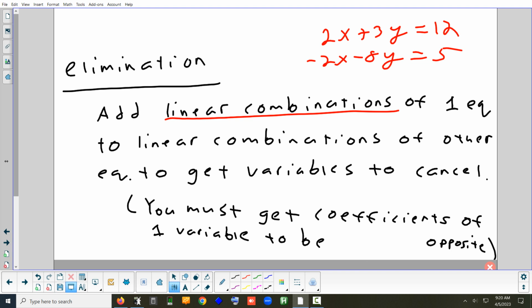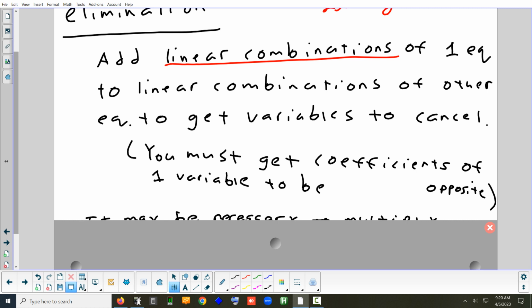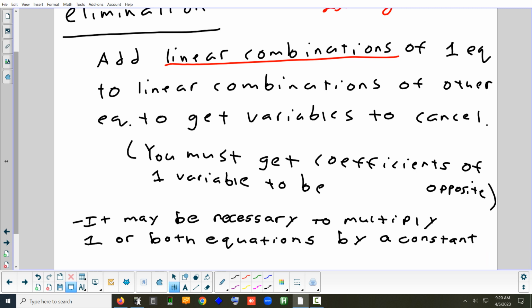So our goal is to get the coefficients of one of the variables to be opposites. And I would say most of the time you're going to have to multiply through by a number in the entire equation to make that happen. Sometimes just one. Sometimes you have to multiply both.